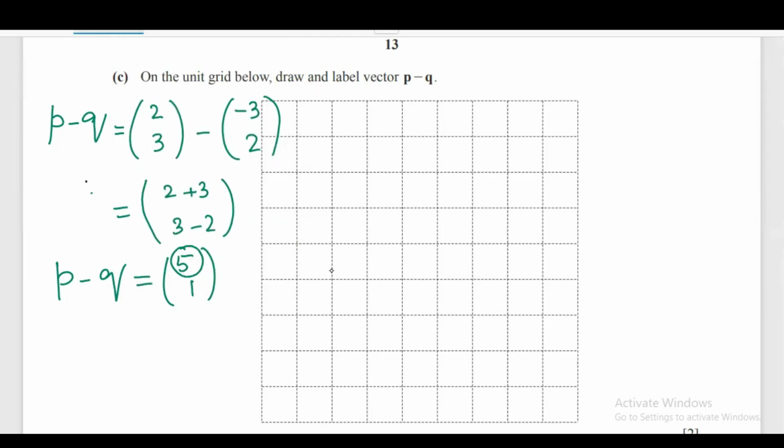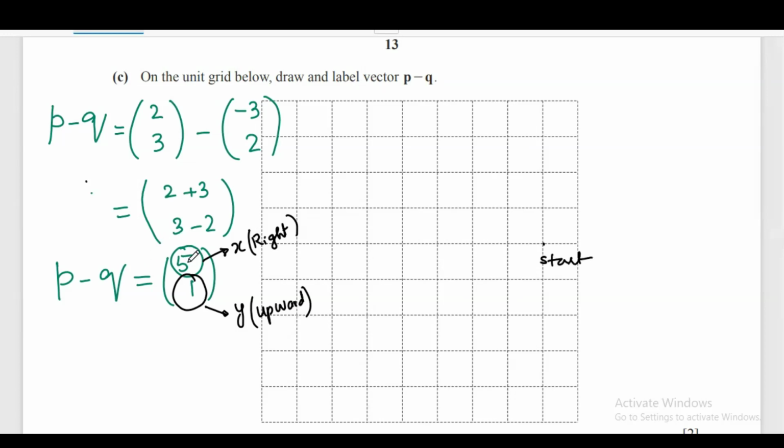Positive 5 means 5 units on the x-axis to the right side, and 1 is positive y, so we can say y upward, 1 unit upward on the y-axis. So select a starting point. Like this is our starting point here.